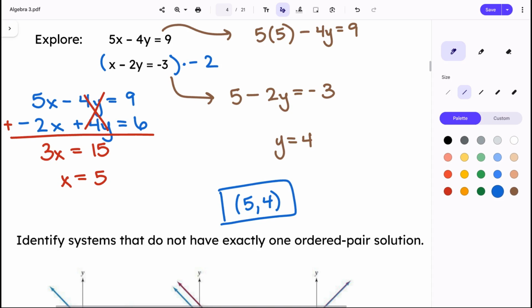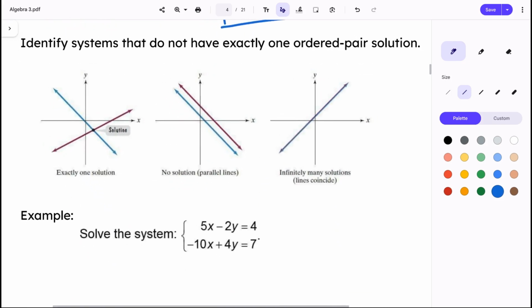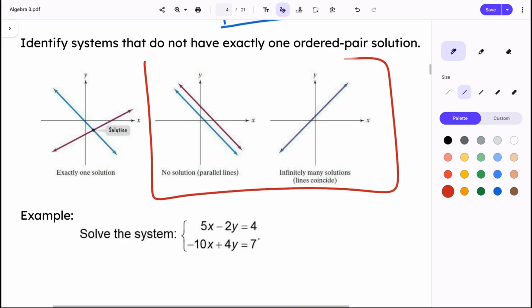Now, all of those situations that we've talked about so far are the cases where the lines do cross and they intersect at one point. But there's going to be situations where you have lines that don't ever cross, or maybe they do, but in a really unique way. So there's going to be situations like these next two on the graphs, like here and here.